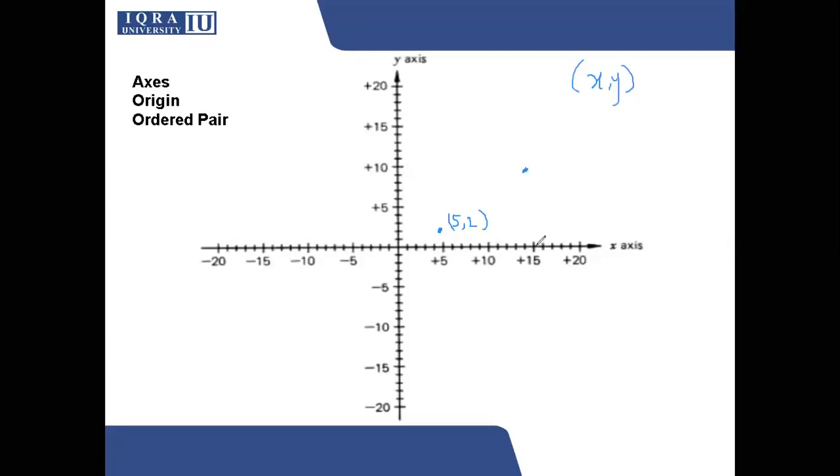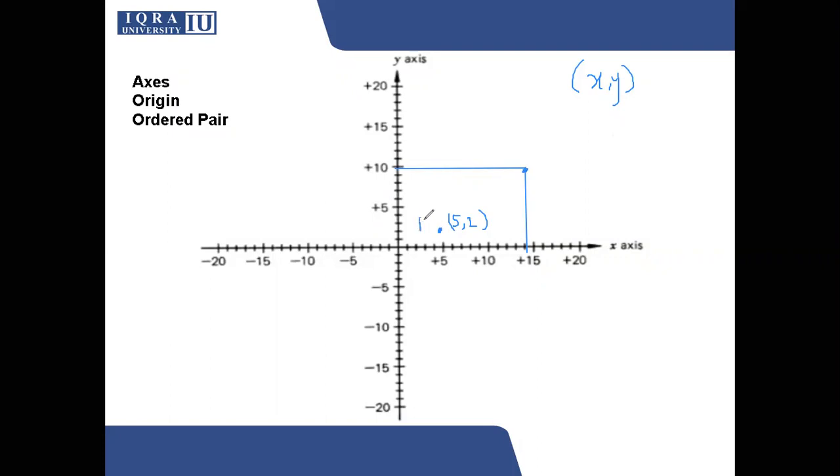So if you take 15 units up, I'll try to draw a straight line over here. You can see that it's coming at around 14 units over here, and on the y-axis it's coming at roughly 10 units, right? So this is basically called the coordinates of this point.